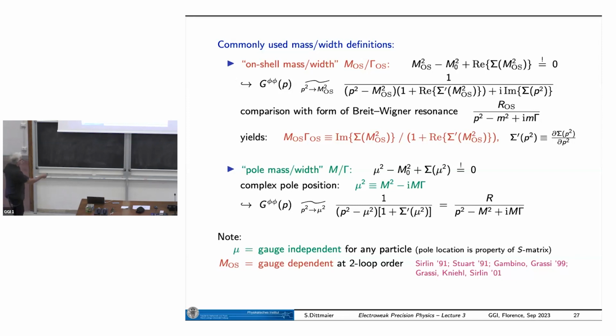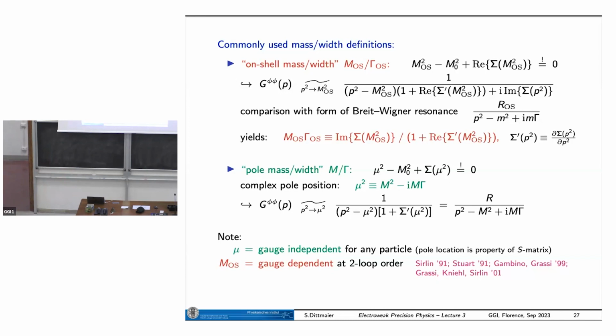I can also insert this into this propagator structure. Again, this is actually GR here. And what I get is something that looks very similar to here. I still have in the vicinity of the resonance my p squared minus mu squared, which includes the imaginary part. But if you look into details, it's not exactly the same, because here I still have the untouched imaginary part of the full self-energy with the leading p squared behavior. And here I just have this multiplicative form here.